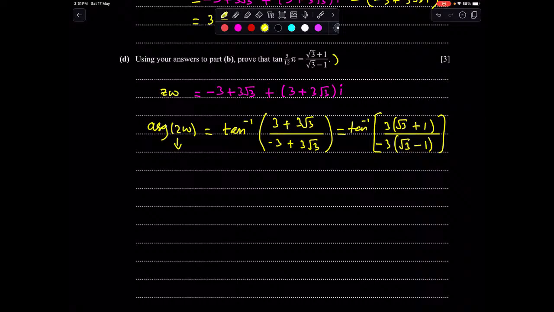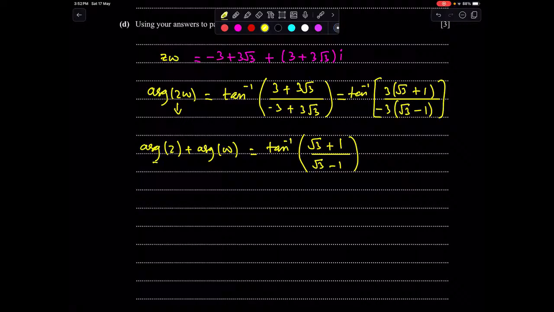And we can write this as, according to the properties of argument, argument z plus argument omega is equal to tan inverse of root 3 plus 1 over root 3 minus 1.